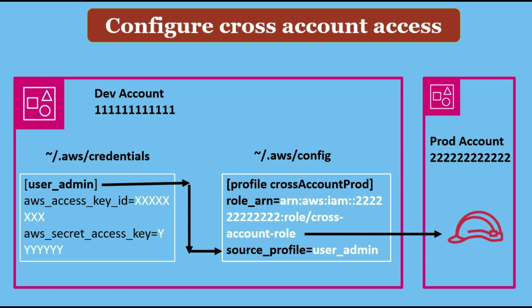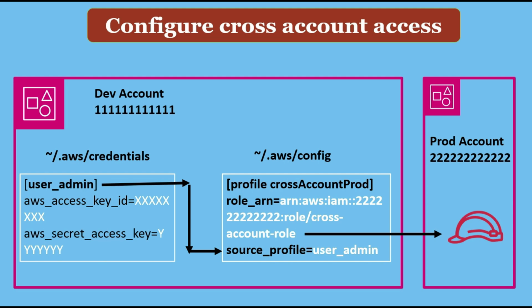So using this, we can create any number of profiles and each profile can point to a different IAM role. So whenever user_admin wants to access a particular resource, we can assume that role for that resource and get the temporary credentials only for that resource.